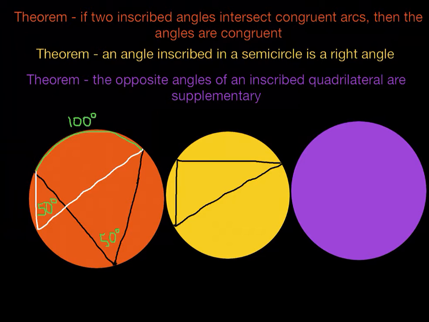The next theorem we have is an angle inscribed in a semicircle is a right angle. So a semicircle is half a circle. So going across here, we've got a diameter. Sorry, it's not completely straight, but a diameter there.